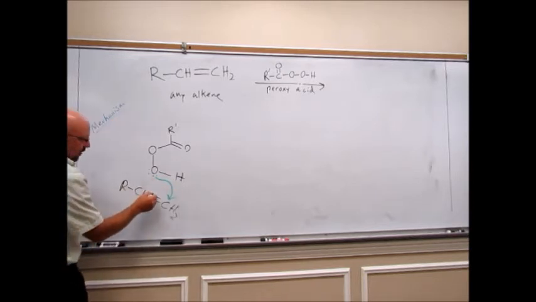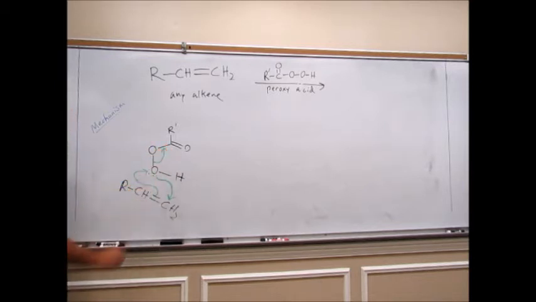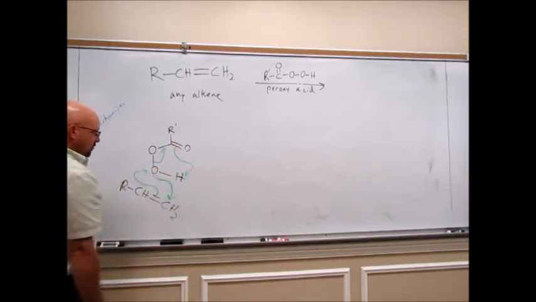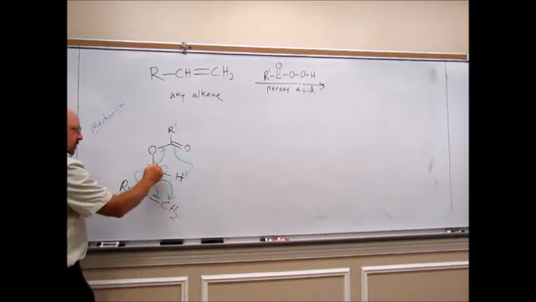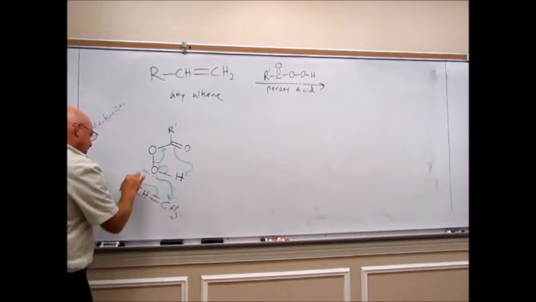We get electrons to come out of the double bond back to that oxygen. The oxygen-oxygen bond's very weak, so that kicks these electrons in to form a double bond between the oxygen and the carbon. That kicks these out to come in and grab the hydrogen, and then these electrons go back onto that oxygen. If you followed all that. Maybe I'll put little numbers beside them so you can kind of see.